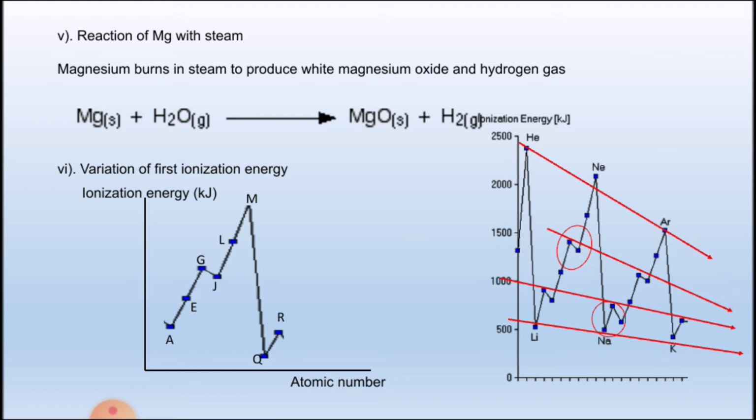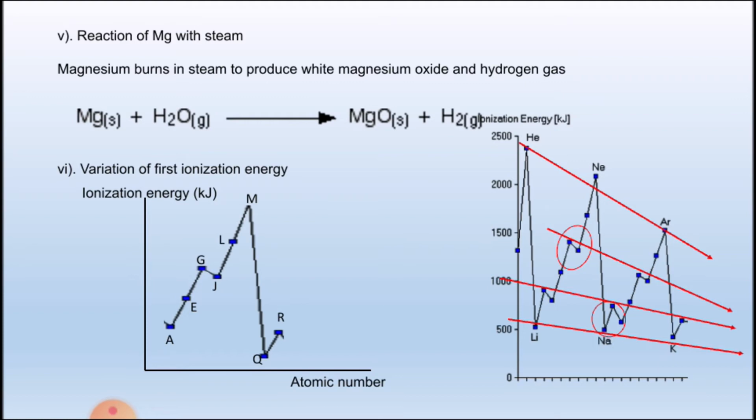But the next group after group 3, which is group 4, has a first ionization energy higher than groups 2 and 3. And for groups 5 and 6, group 7 has a higher first ionization energy than these.